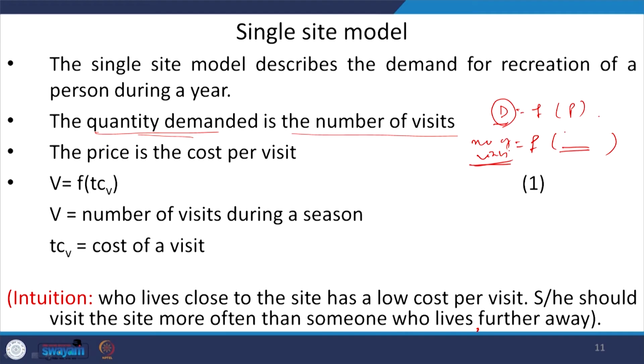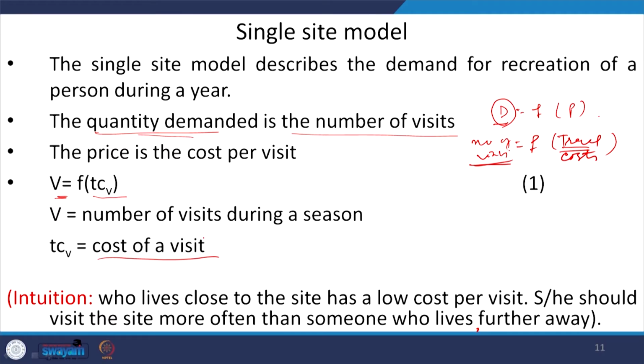It will be in terms of the travel cost the visitors would be incurring during their travel. Simply put, taking into account this price-demand relationship, you can express this function as V equal to a function of TCV. That means the number of visits the visitor is paying to this particular site depends upon the cost of this visit.